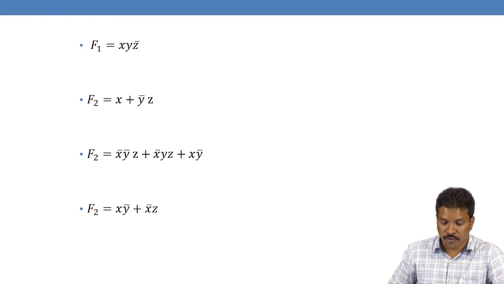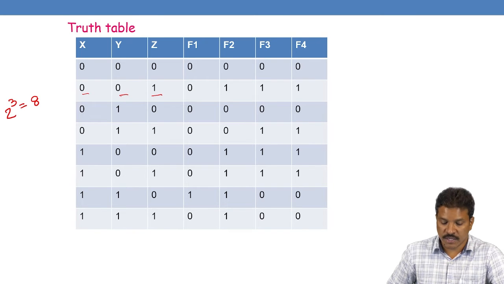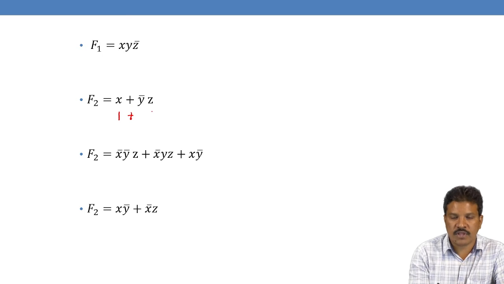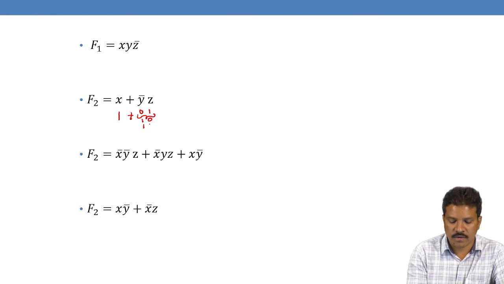And in the f2 case, suppose a variable x is equal to 1, irrespective of y bar and z, whether it is 0, 1, 1, 0, all cases 0, 0, 1, 1.